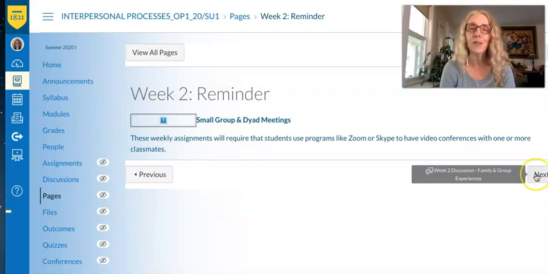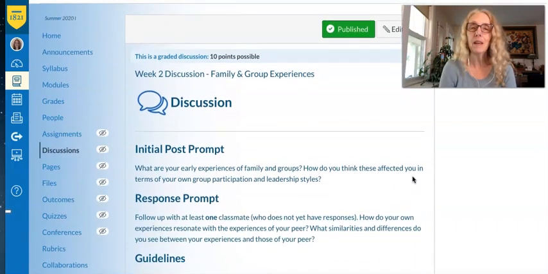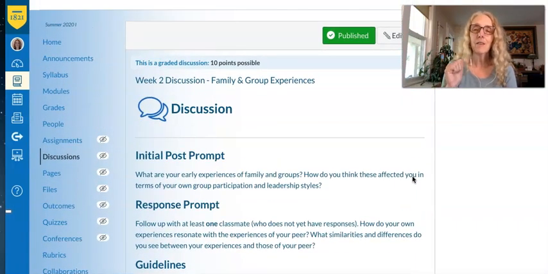So if you start out using Zoom, it'll be a lot easier in the end. And I should say that group meetings by text or group meetings by email are not group meetings. You must be in a forum where you see each other, okay?